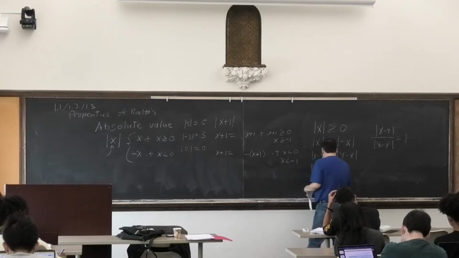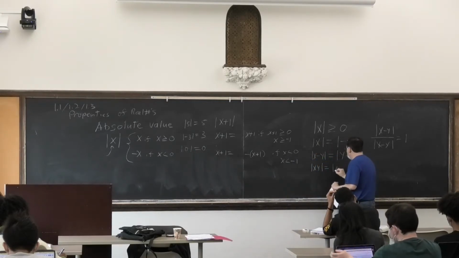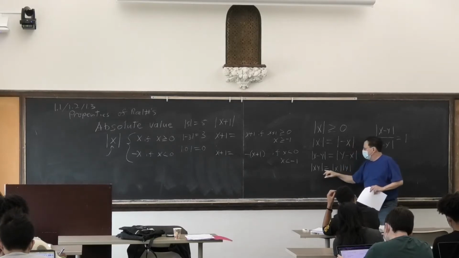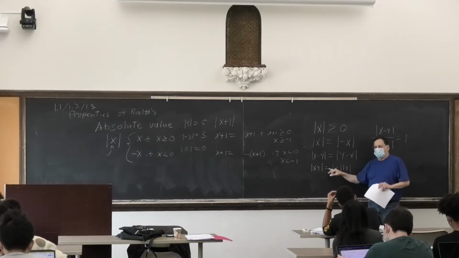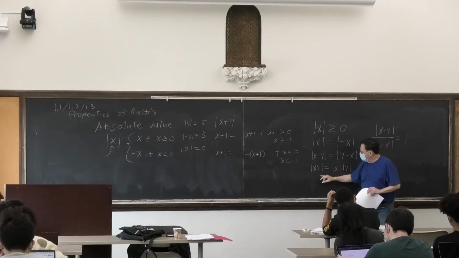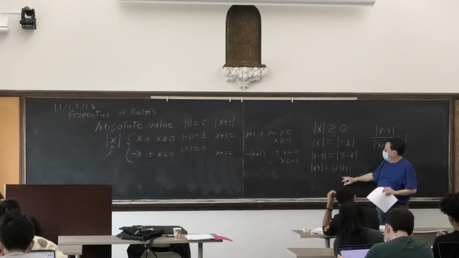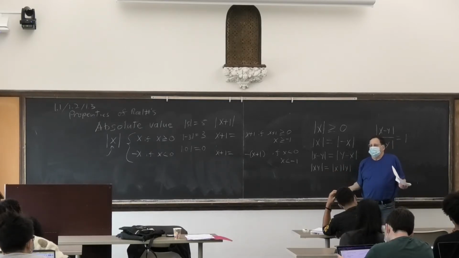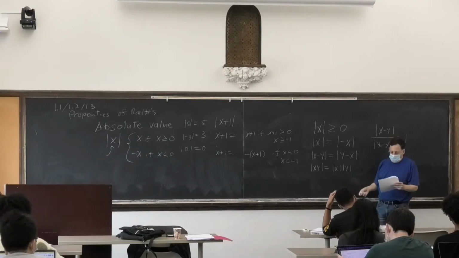Absolute value of x times y is the absolute value of x times the absolute value of y. It doesn't matter whether x or y are positive or negative. We end up with something positive over here, something positive over here, and they're both the product of the positive version of x and y.